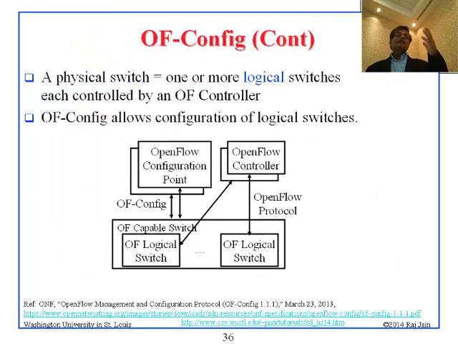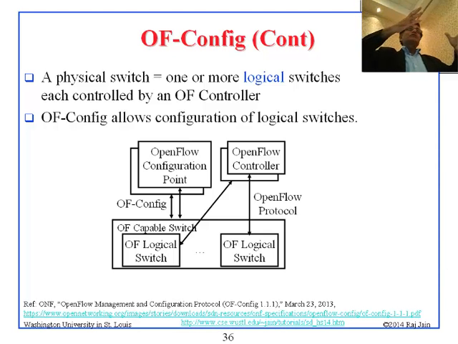Now, OF-config is actually a little bit more general. It allows you to do virtualization. So one physical switch could be made into many logical switches, many virtual switches, where this logical switch consists of 2 ports here, this logical switch consists of these 2 ports there, and so on and so forth. So you can take one 48-port switch and make many logical switches.